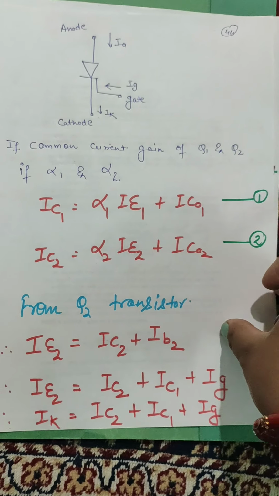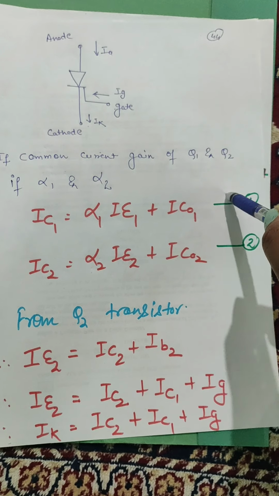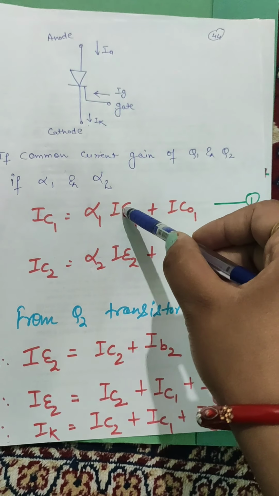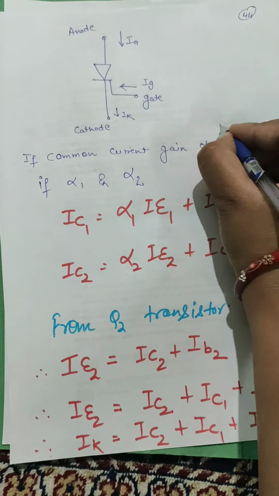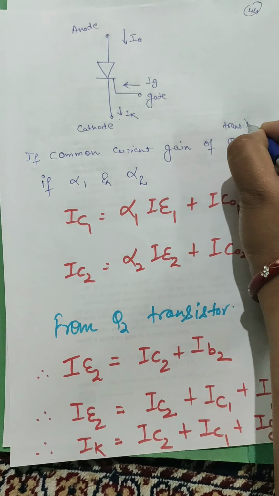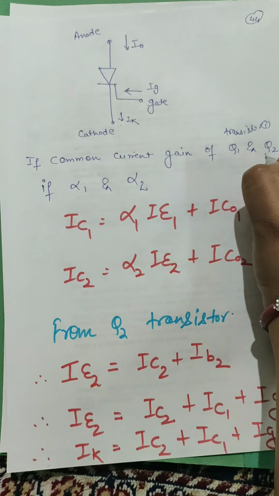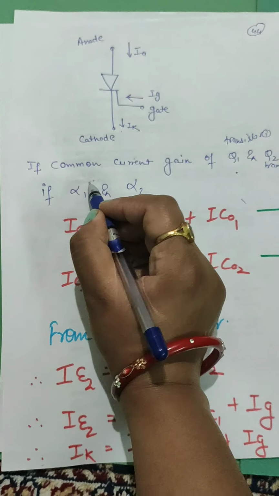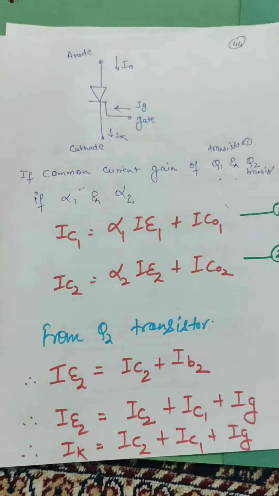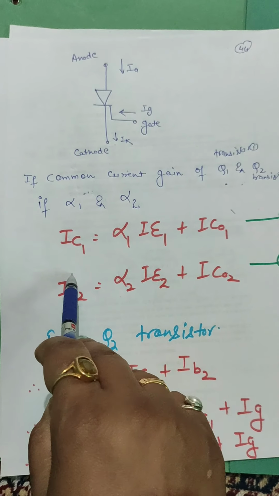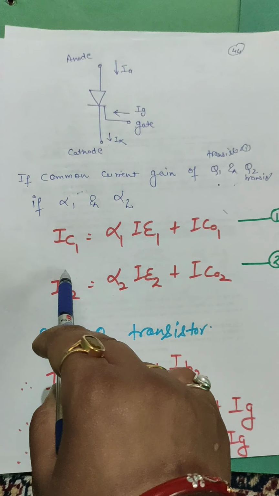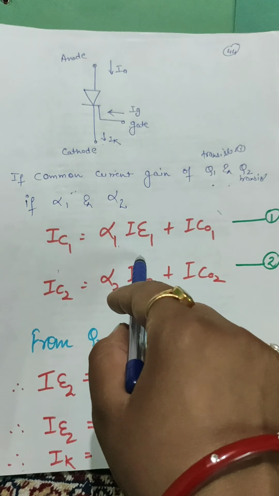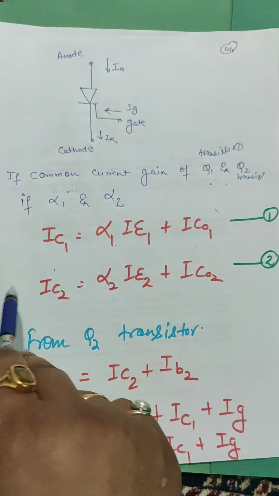If the common base current gains of Q1 and Q2 are alpha 1 and alpha 2, where Q1 is transistor 1 and Q2 is transistor 2, then the current gain of transistor 1 is alpha 1 and of transistor 2 is alpha 2. So IC1, the collector current of transistor 1, is alpha 1 IE1 plus ICO1.